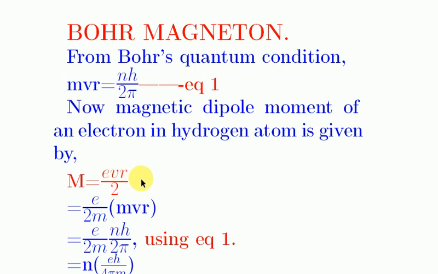So, an electron moving around the nucleus whose radius is r has a magnetic dipole moment M equal to evr by 2. We can calculate it in a different problem.